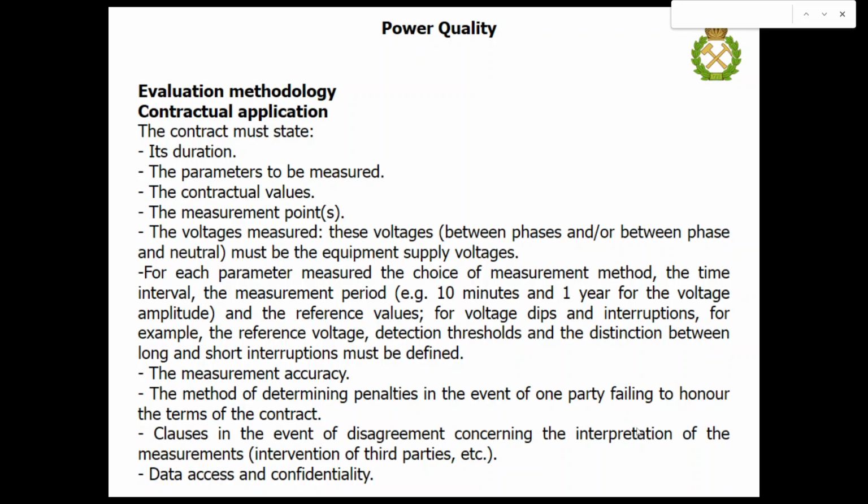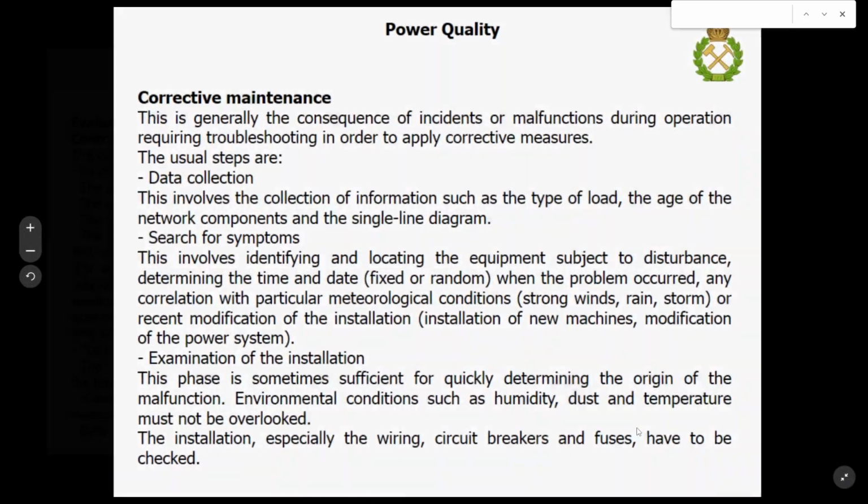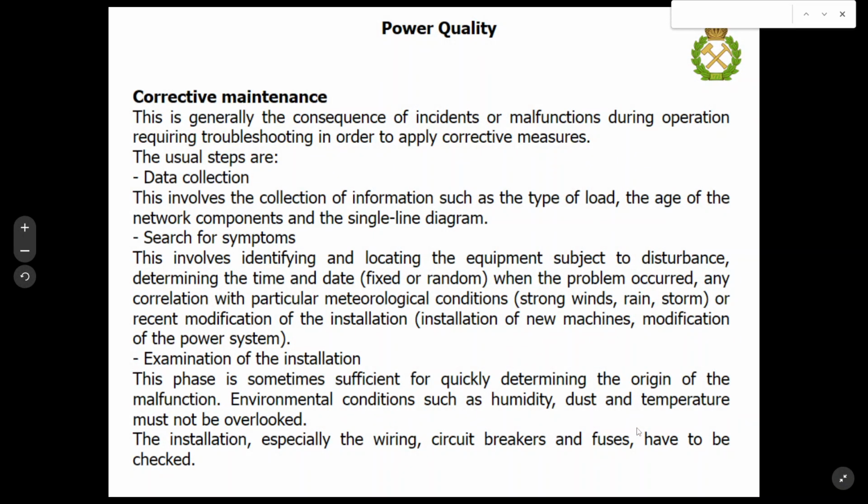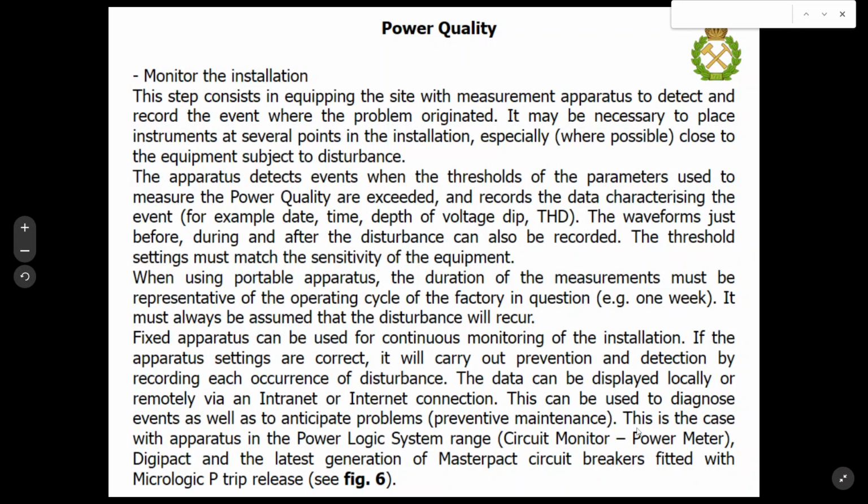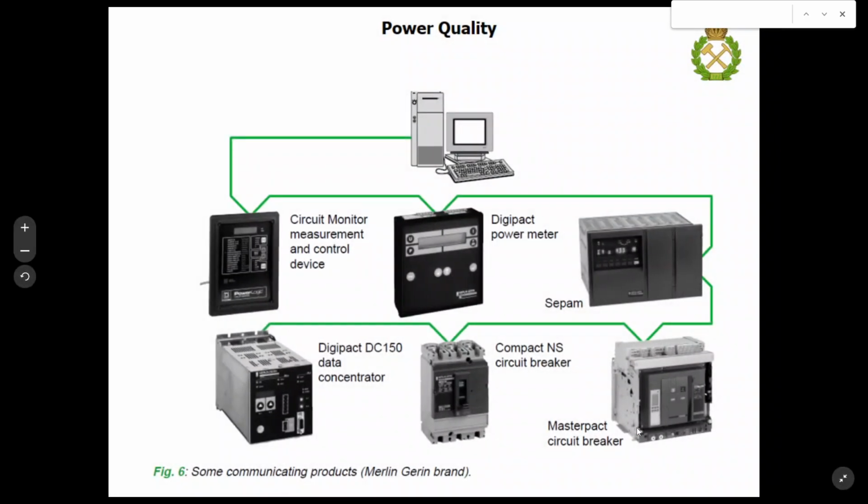These factors should be taken into account simultaneously, not separately, because all of them influence the overall power quality problem. Corrective maintenance also is one of the main stages of power quality raising.